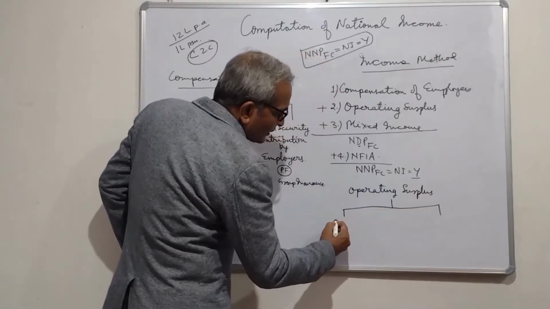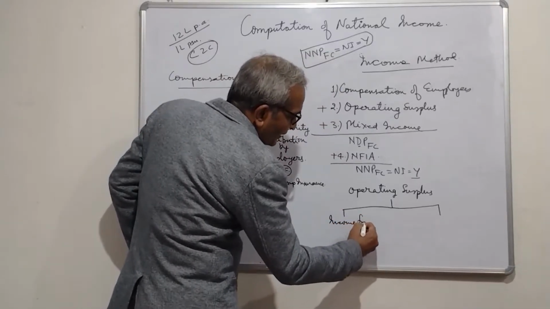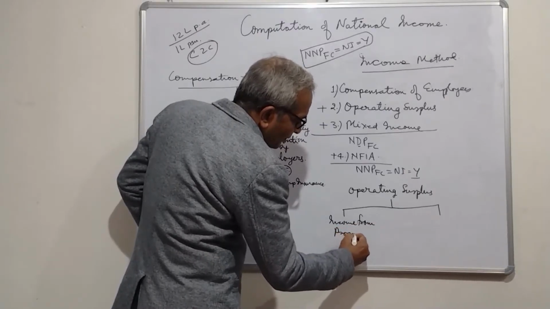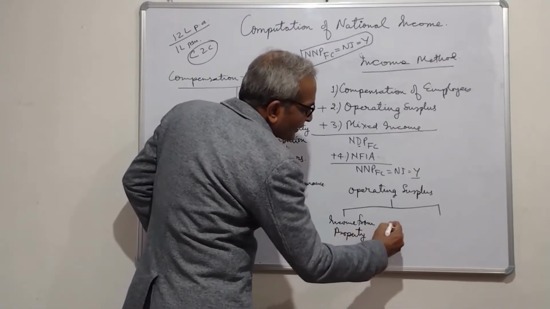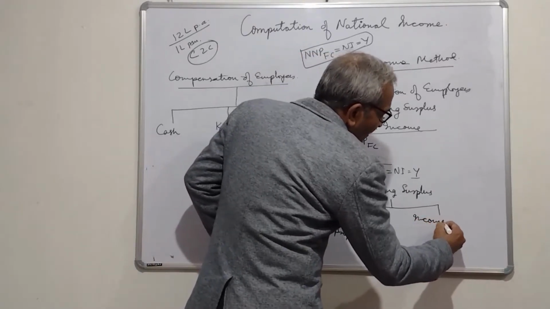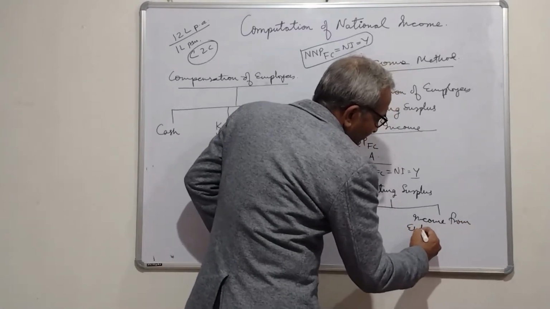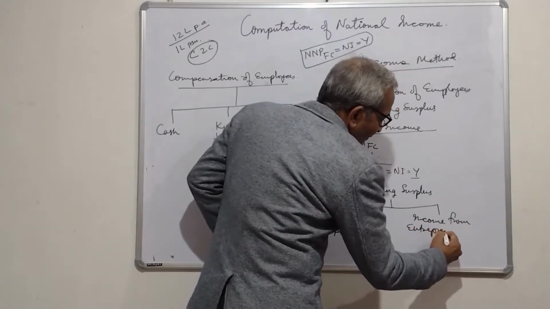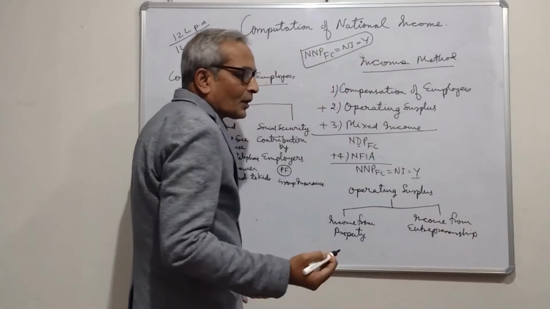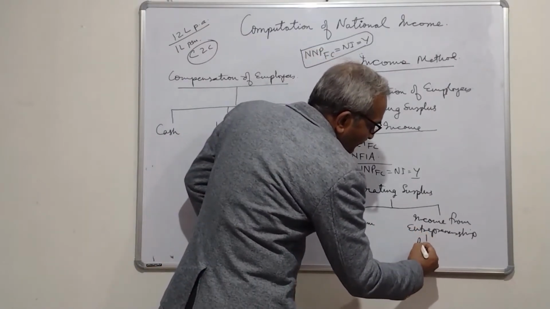One is income from property, and another is income from entrepreneurship. Income from entrepreneurship. You are aware that for entrepreneurship we get profit.